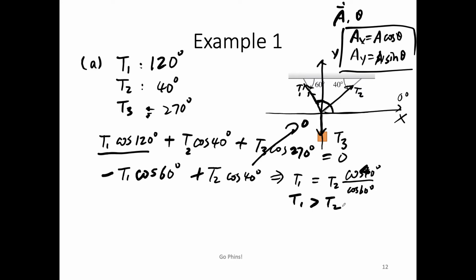Then the next question: the maximum force on the string. T1 is larger than T2, so it has to be T1 equals 5,000 Newton. Now T2 is T1 cosine 60 degrees divided by cosine 40 degrees, so you can calculate T2 from T1.